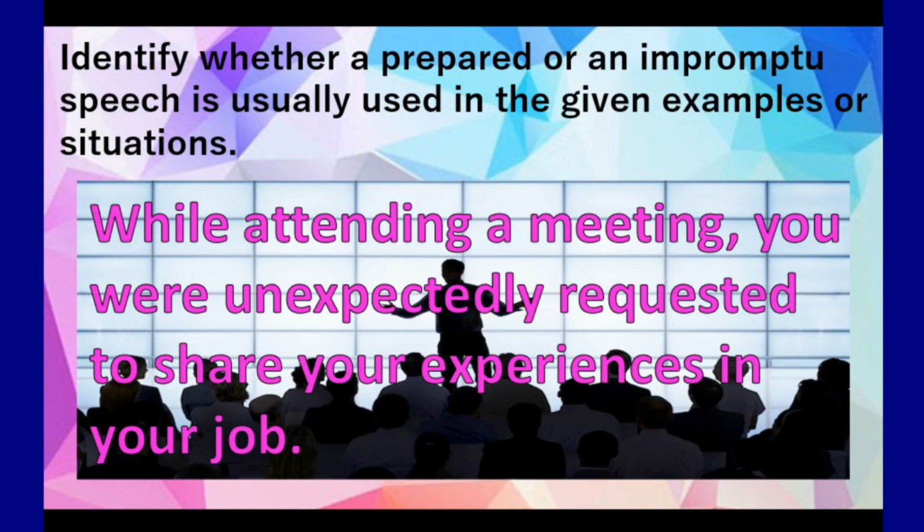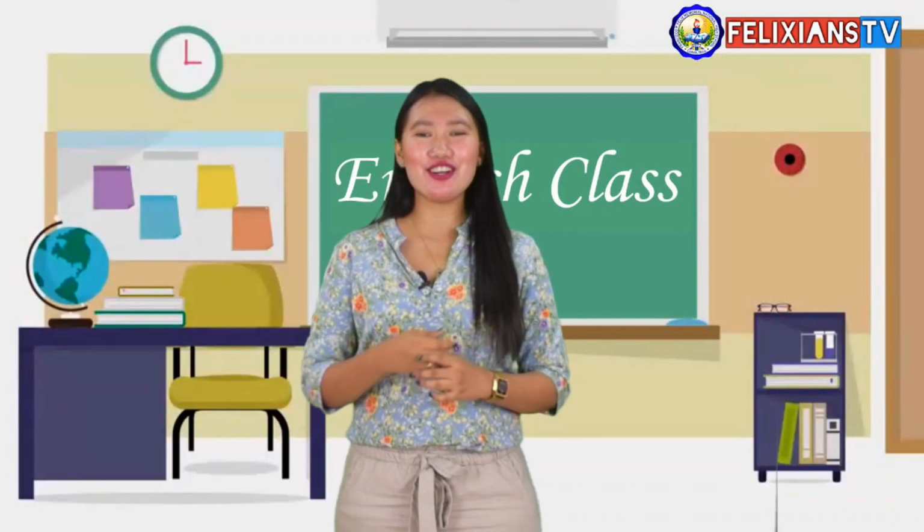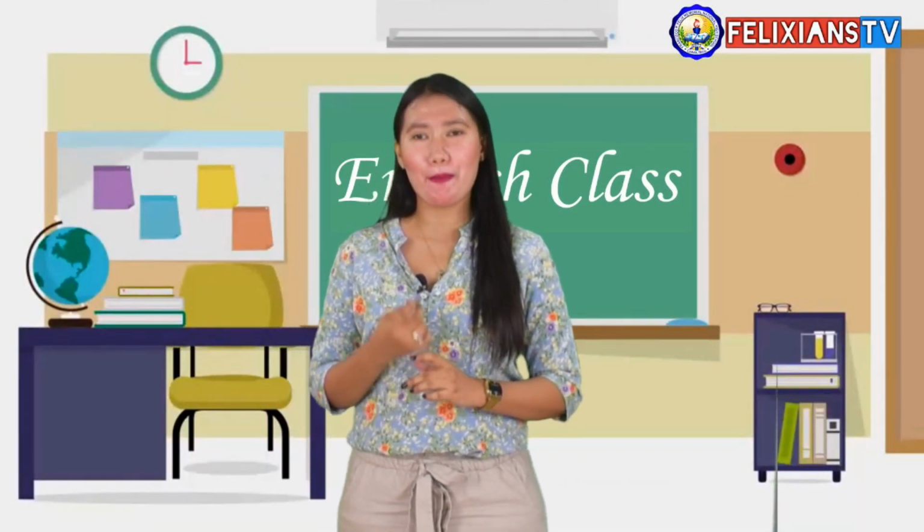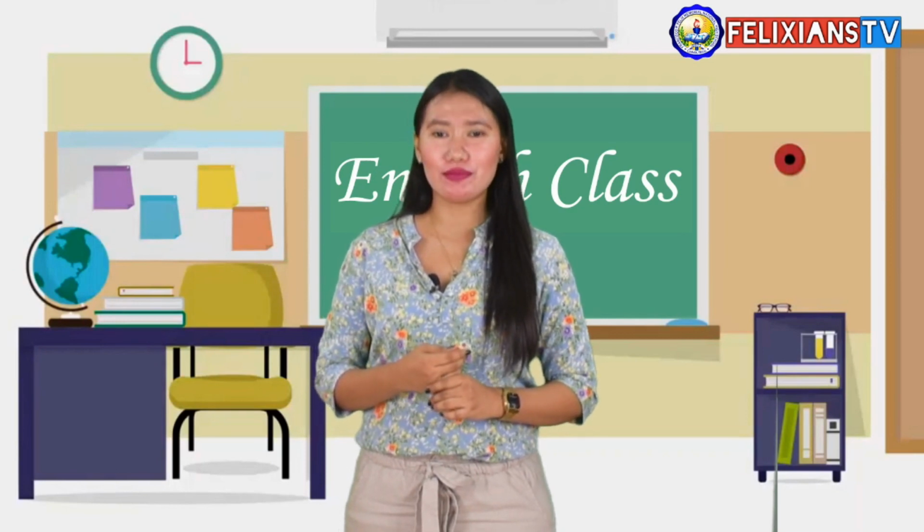What kind of speech is it? Is it prepared or an impromptu speech? You got it right. The correct answer is impromptu speech. Very good, learners. You already differentiate what is prepared speech and an impromptu speech.